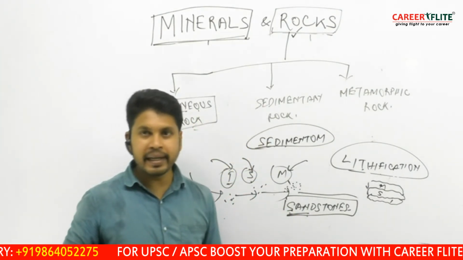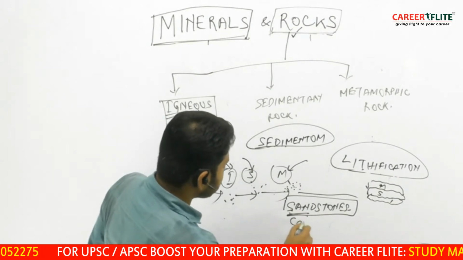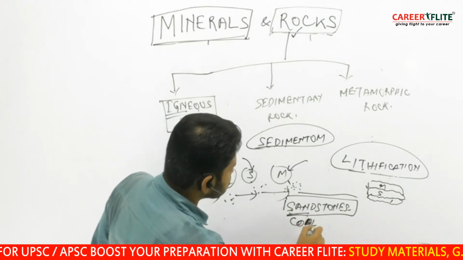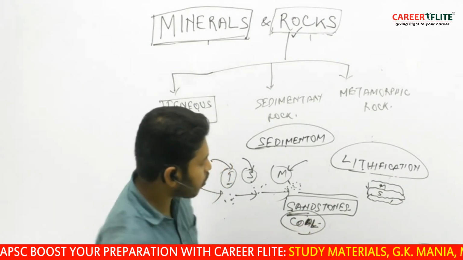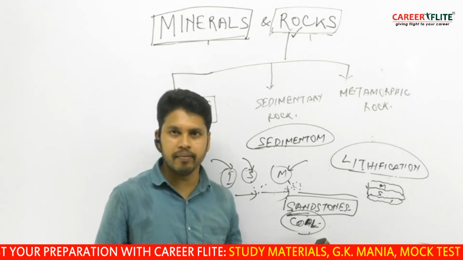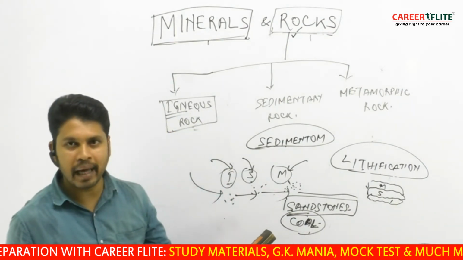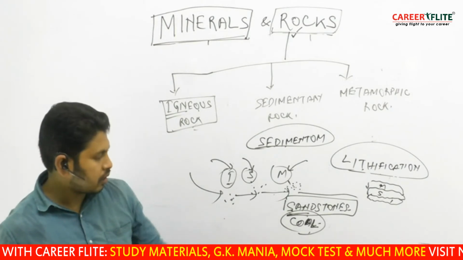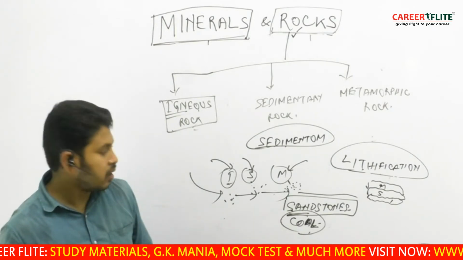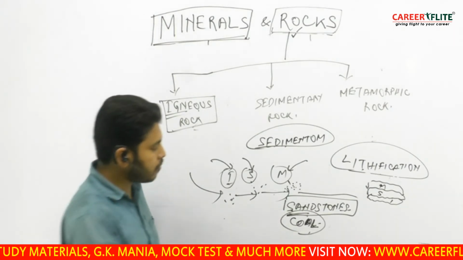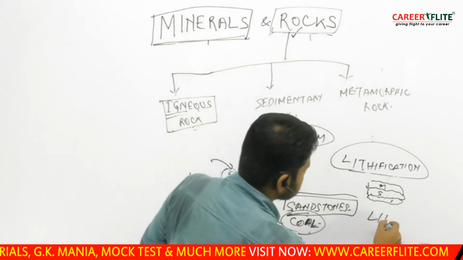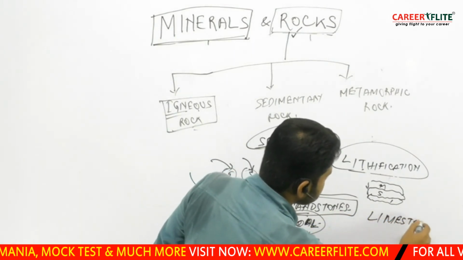Then coal is organically formed. Coal is also a kind of sedimentary rock, and organically formed means made up of living things, plants. They are made from plants, so they are organically formed sedimentary rocks. Then chemically formed may be limestone. Limestone is chemically formed.